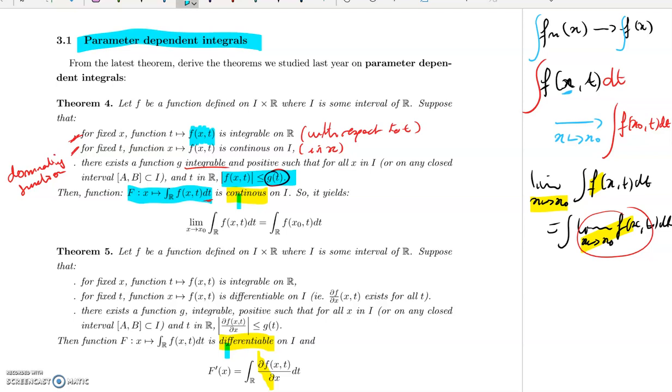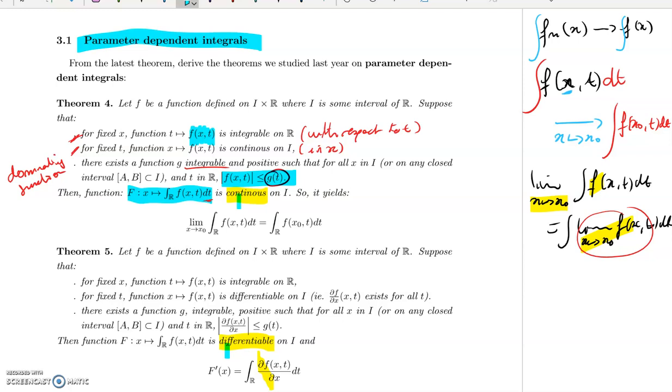How do we say that? We need that for any value of x and for all t in R, which can also be restricted with an indicator function, f of xt in absolute value is smaller than g of t. That's our dominating function depending on t, because this is the one we want to integrate.